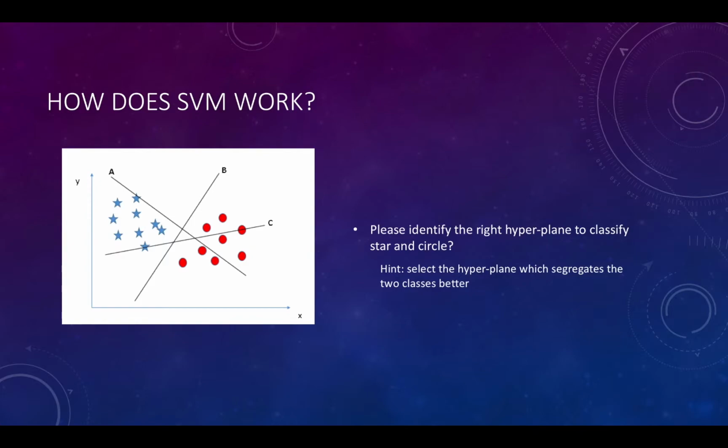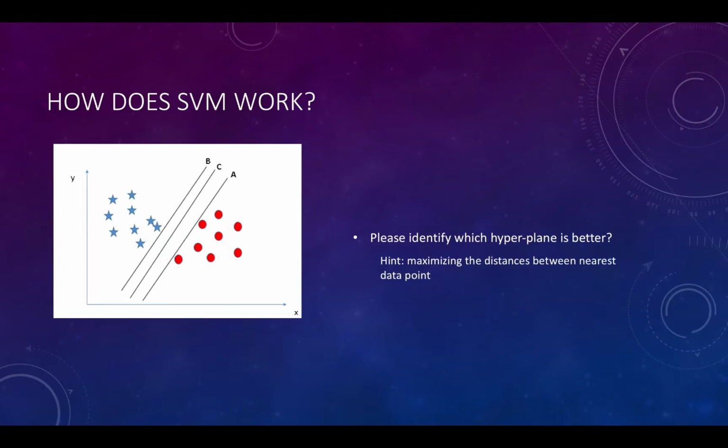I think you can easily answer this question, that line B is much better than line A and line C, because for line A and line C, there are always circles or stars classified on the wrong side of that straight line. But for line B, one side is all stars and the other side is all circles. So line B will be the better answer to this problem.